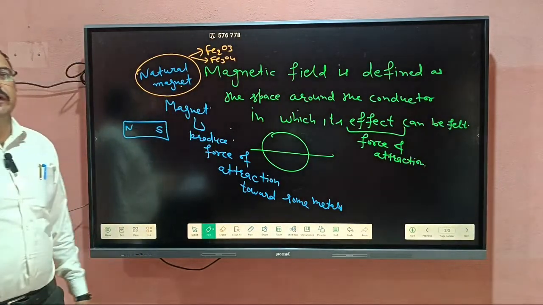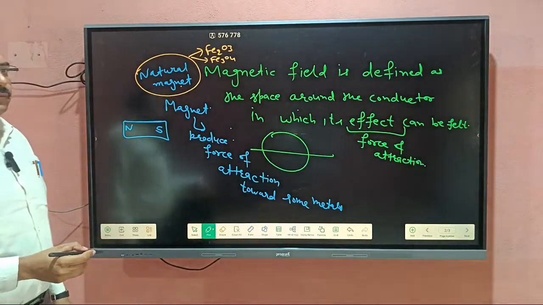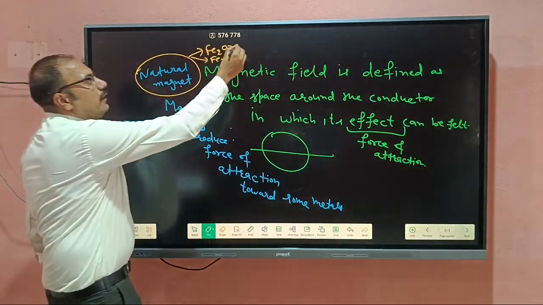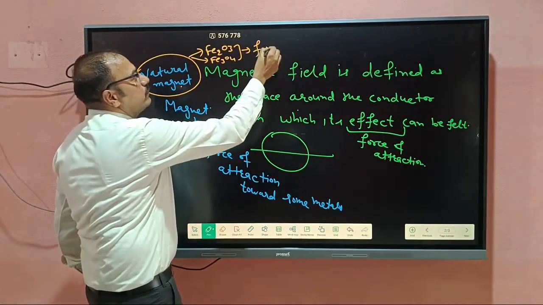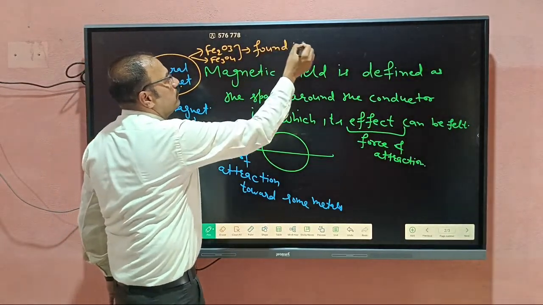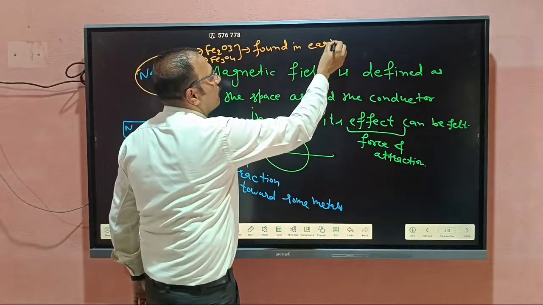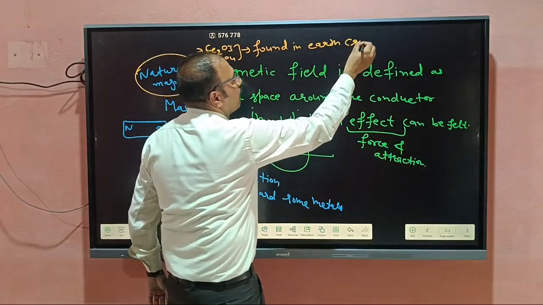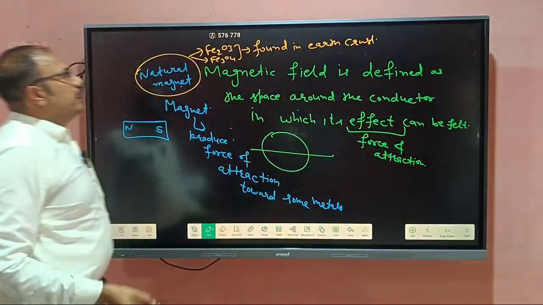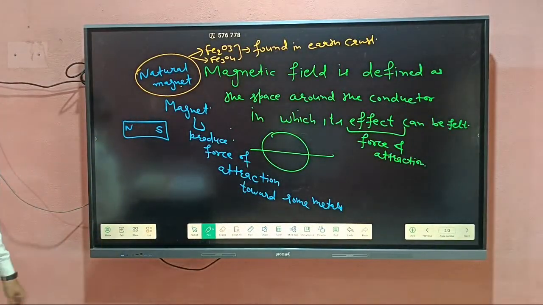These are found in the earth's crust. So these are known as natural magnets.